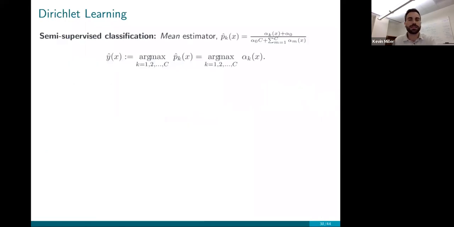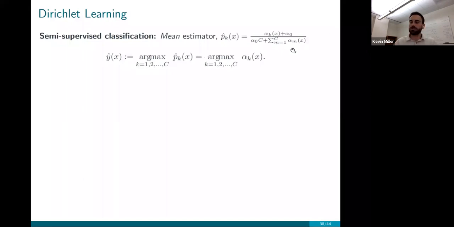And then finally, we can use the mean estimator of the random vector P. So this P hat sub K is the kth entry of the mean estimator, which has this nice closed form solution, which then allows us to infer the label of a point to be the index of the maximal entry of the mean estimator, here shown as y hat of X equals the argmax of P hat K.